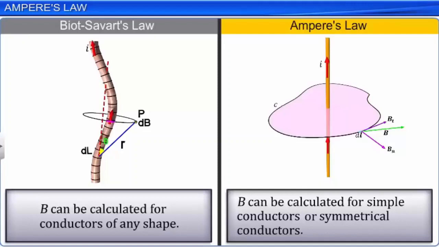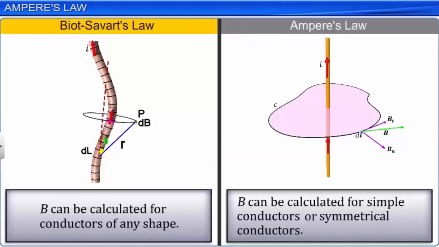It offers the most convenient way of calculating the magnetic induction, like in the case of a straight current-carrying conductor. Otherwise, we have to apply the Biot-Savart's law to calculate the magnetic induction, like in the case of a circular current-carrying conductor or of any shape.